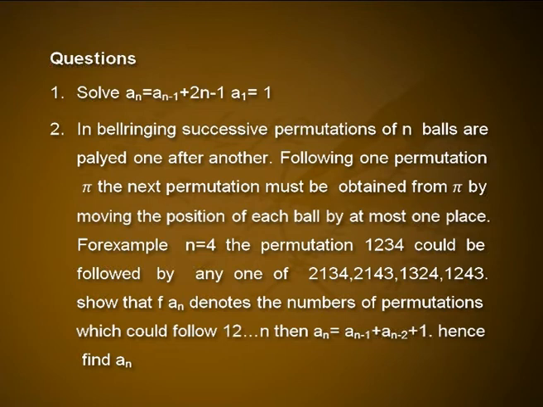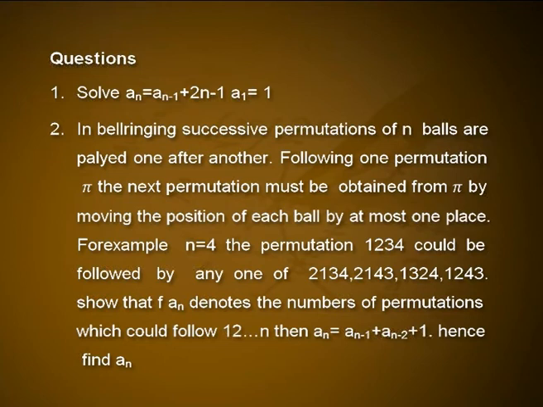For example, for n equal to 4, the permutation 1, 2, 3, 4 could be followed by any one of 2, 1, 3, 4; 2, 1, 4, 3; 1, 3, 2, 4; 1, 2, 4, 3. Show that if a_n denotes the number of permutations which could follow 1, 2, ..., n, then a_n is equal to a_(n-1) plus a_(n-2) plus 1.